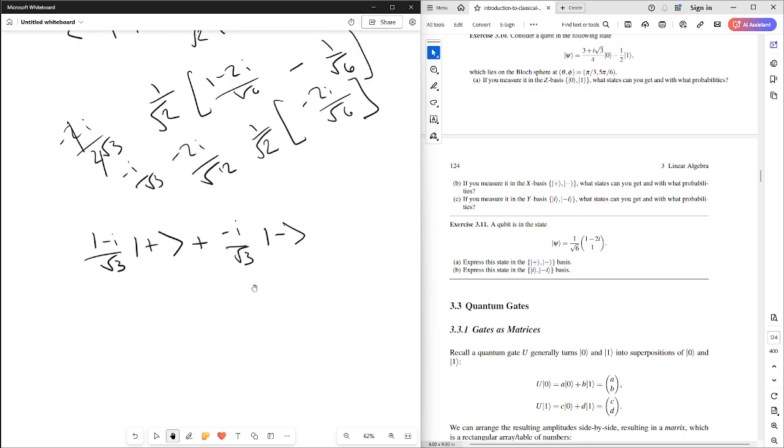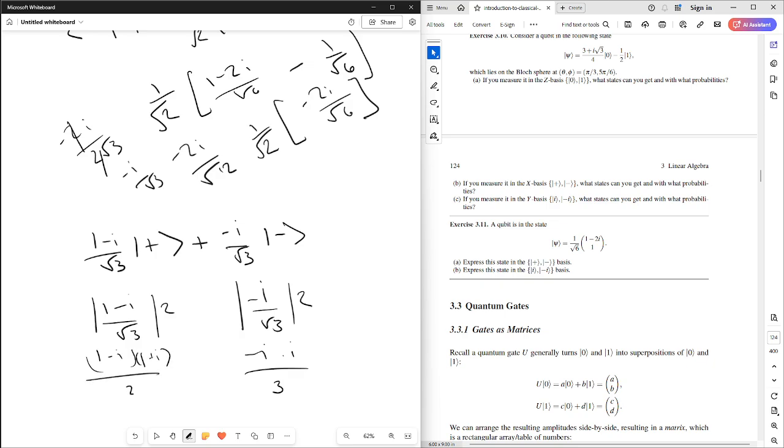I mean, we could verify, as one final step. We've got like a minute left. We'll just take these and do a quick L2 norm, multiplying them by their complex conjugates. 1 minus i times 1 plus i over 3.